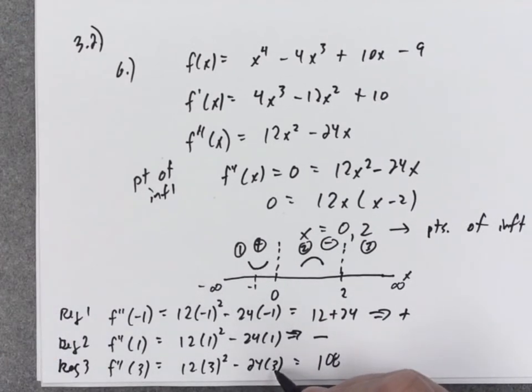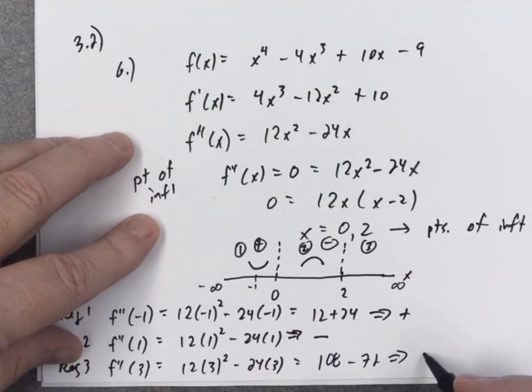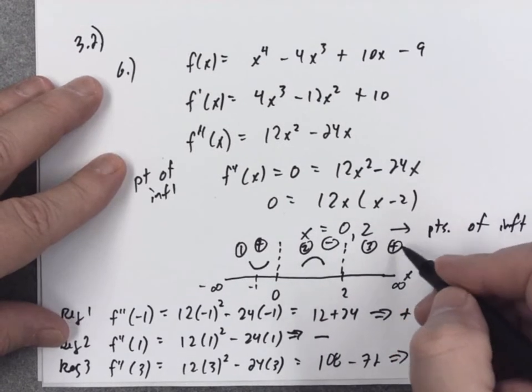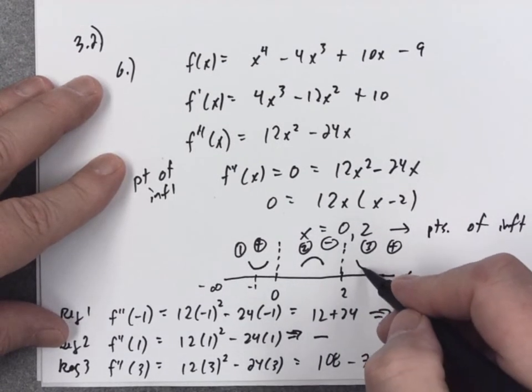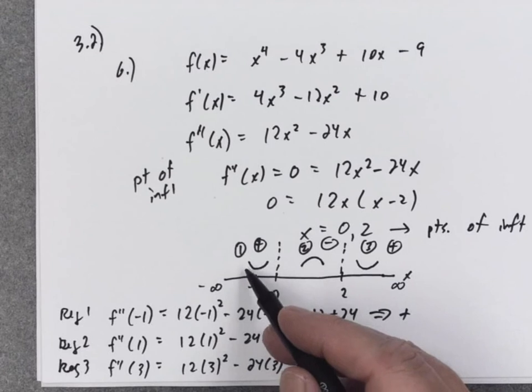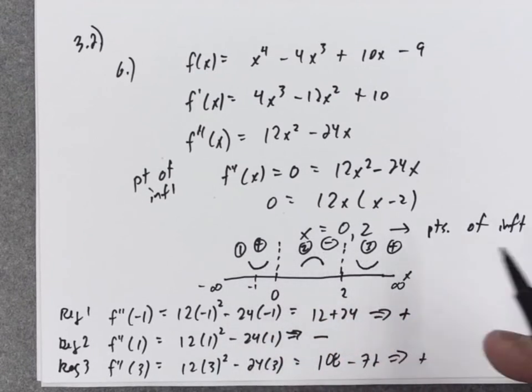Minus 24 times 3 is, I think, 72. Looks like this is going to be a positive number. Region 3 is positive, and I'm concave up. So now we basically have figured out what's going on. It looks like it's concave up, then concave down, and concave up.